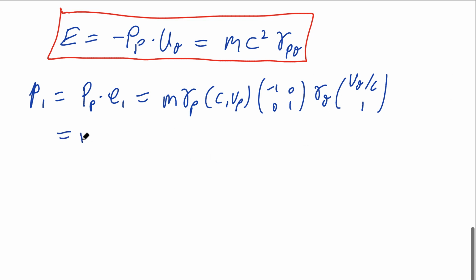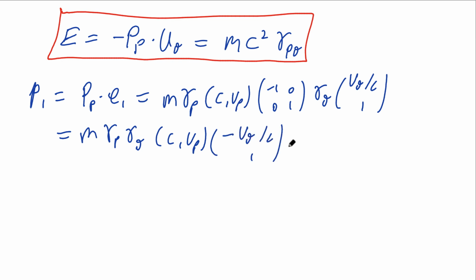So if we multiply this out, we have m gamma p times gamma o times c comma vp, and then minus vo over c comma 1. And this simplifies to m gamma p gamma o times minus vo plus vp.